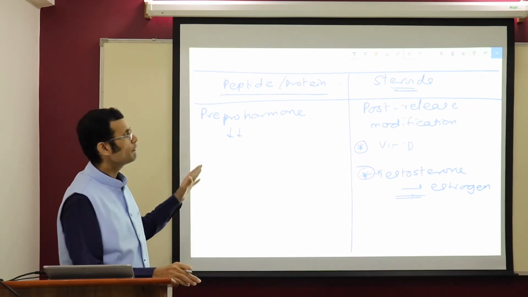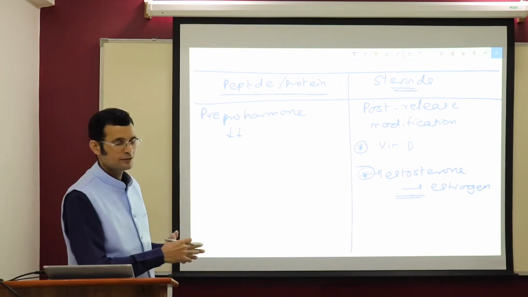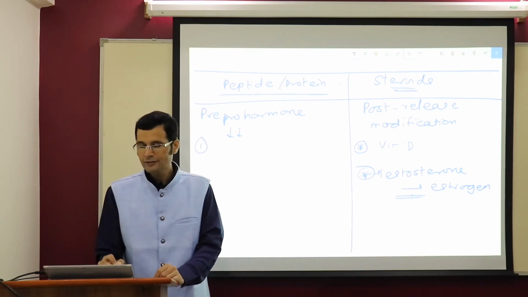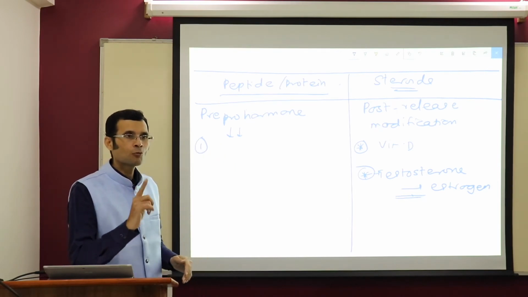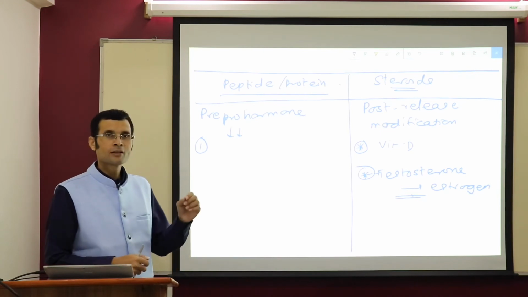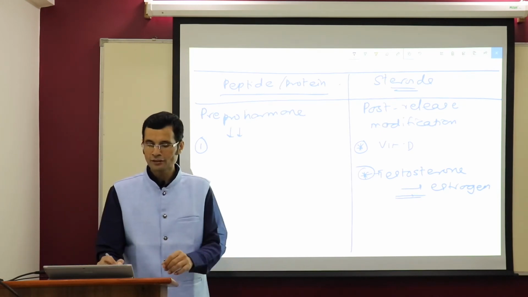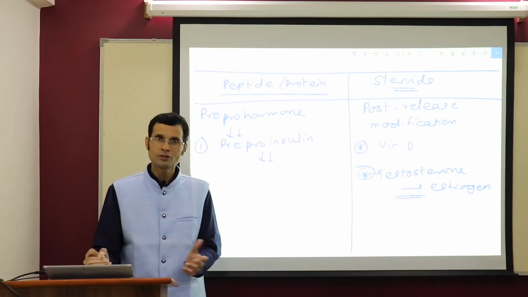In this, we find different types of examples. For instance, from the precursor hormone, just one copy of the hormone is released. Example, insulin. Insulin is synthesized by the pancreatic beta cell as pre-proinsulin.